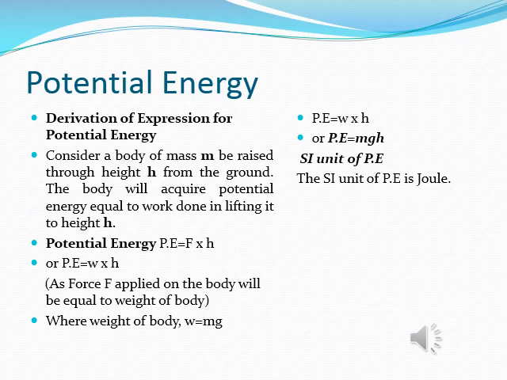Now we are going to derive the expression for potential energy of a body. For this, consider a body of mass m raised up through height h from the ground. The body will acquire potential energy equal to the work done in lifting it to height h.